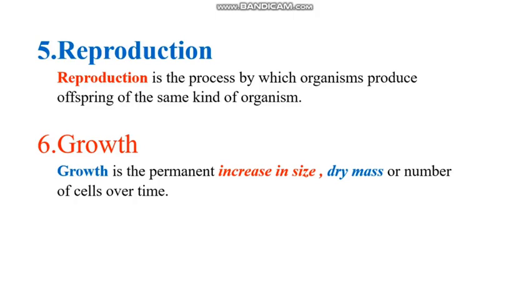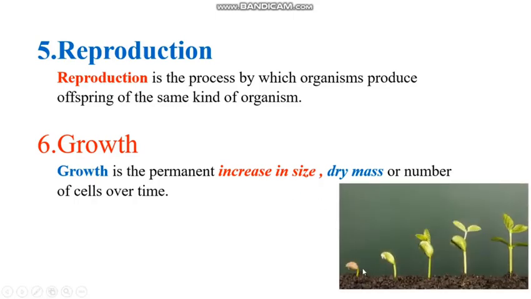For example, when you look at a flower on a plant, you are able to see that here the flower is small. It keeps on changing its height, meaning that this plant is able to grow. So we can conclude that growth results in an increase in the number and size of cells.